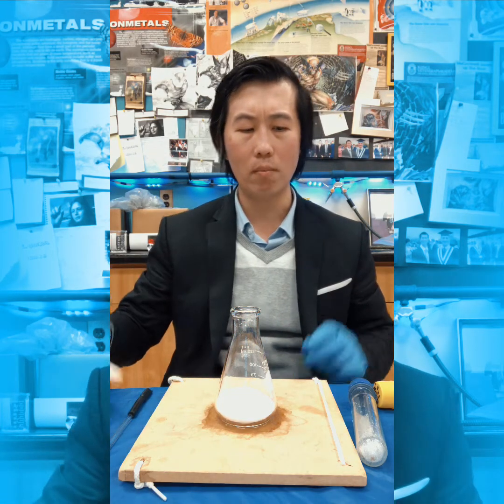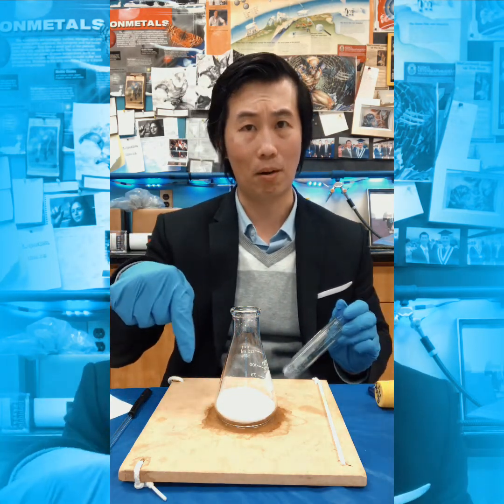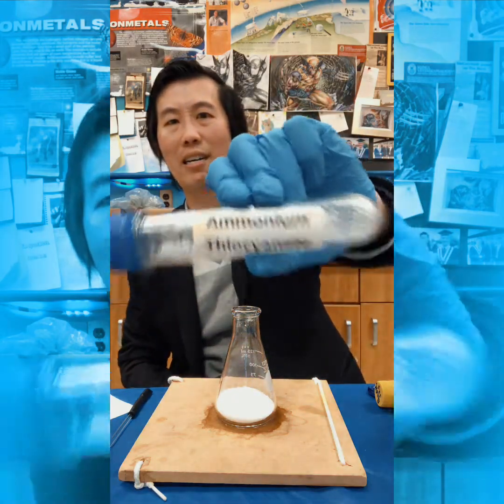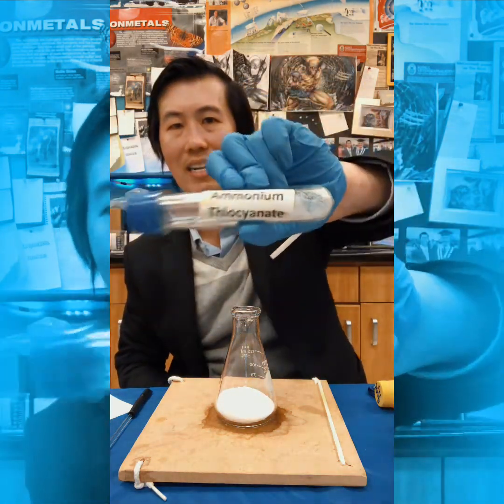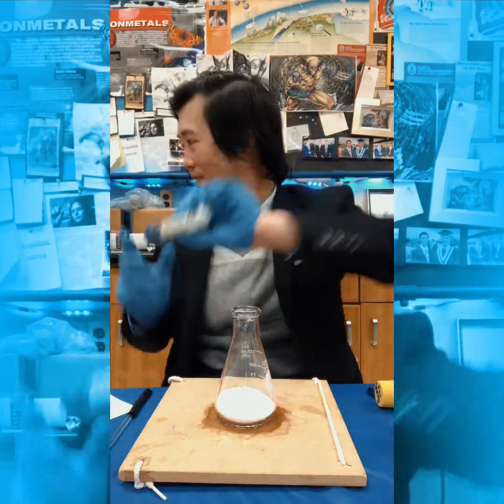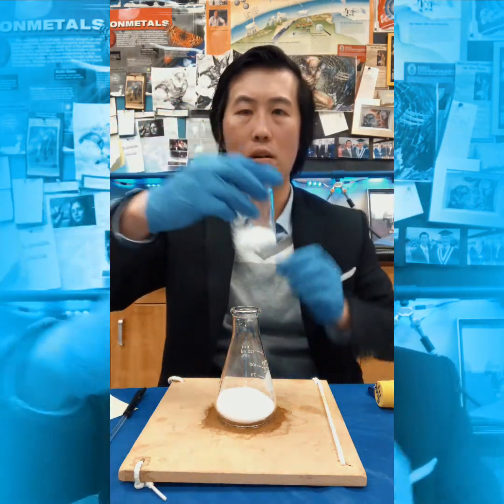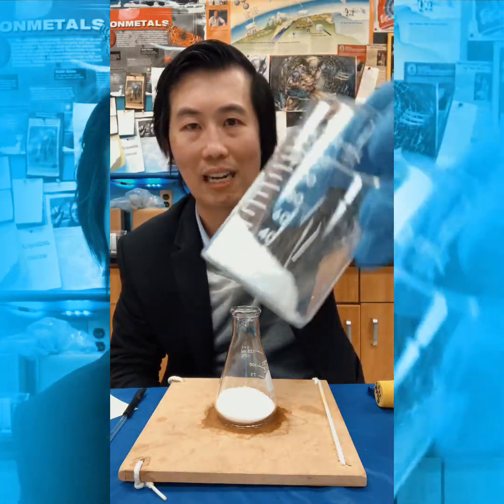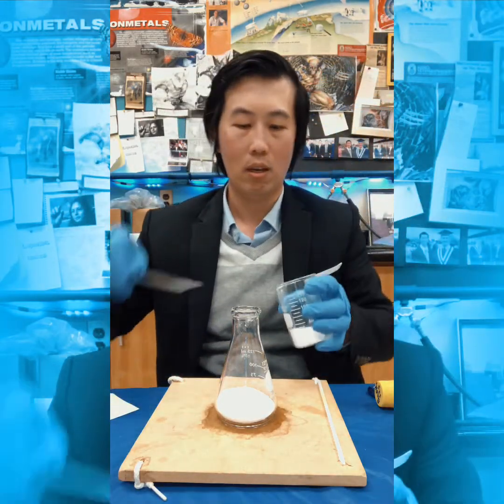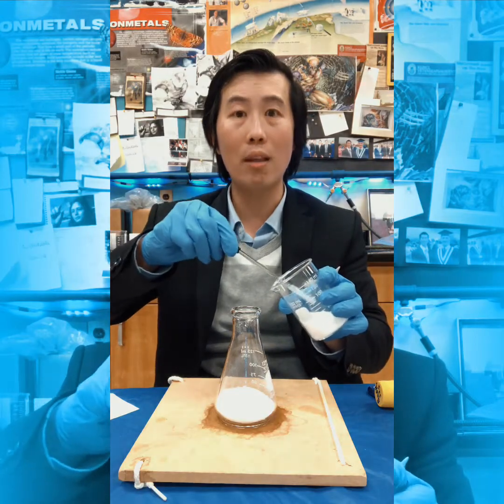And so I'm going to be mixing the barium hydroxide with ammonium thiocyanate. The ammonium thiocyanate is right here, and notice that it too is a solid state, okay? So I'm going to pour that in there.